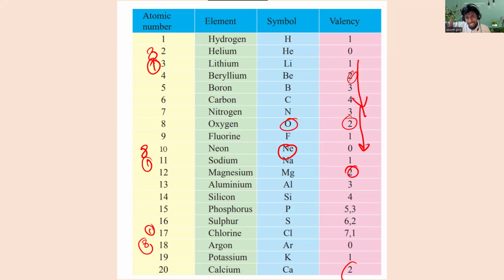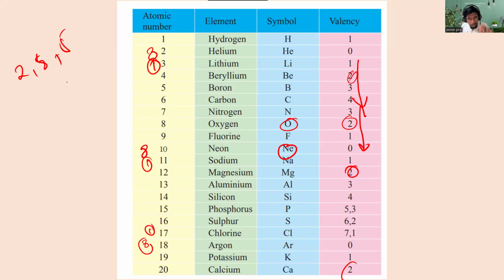So that is the proper definition. For example, oxygen has electronic configuration 2, 6. If it wants to become 8, it needs to get 2 electrons. And for phosphorus, 15 means 2, 8, 5.